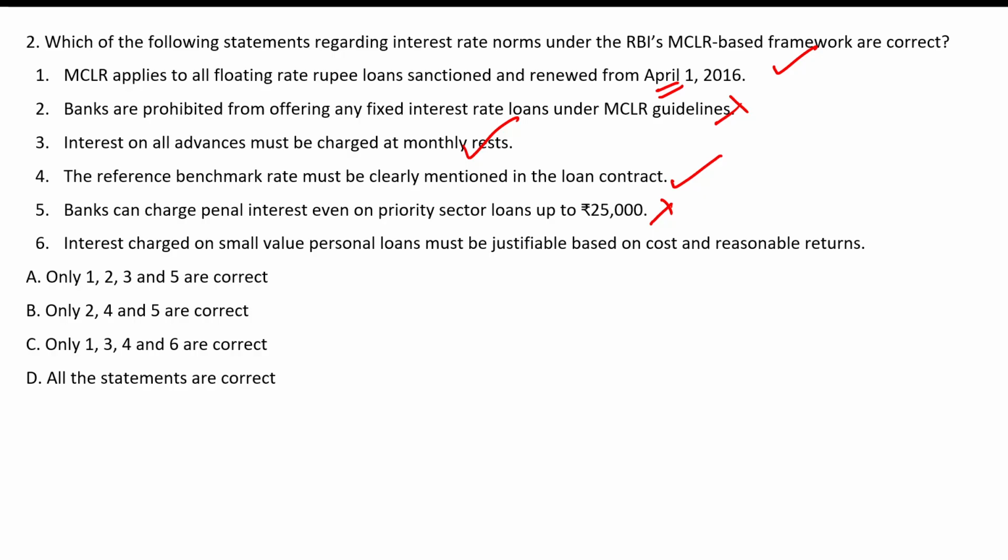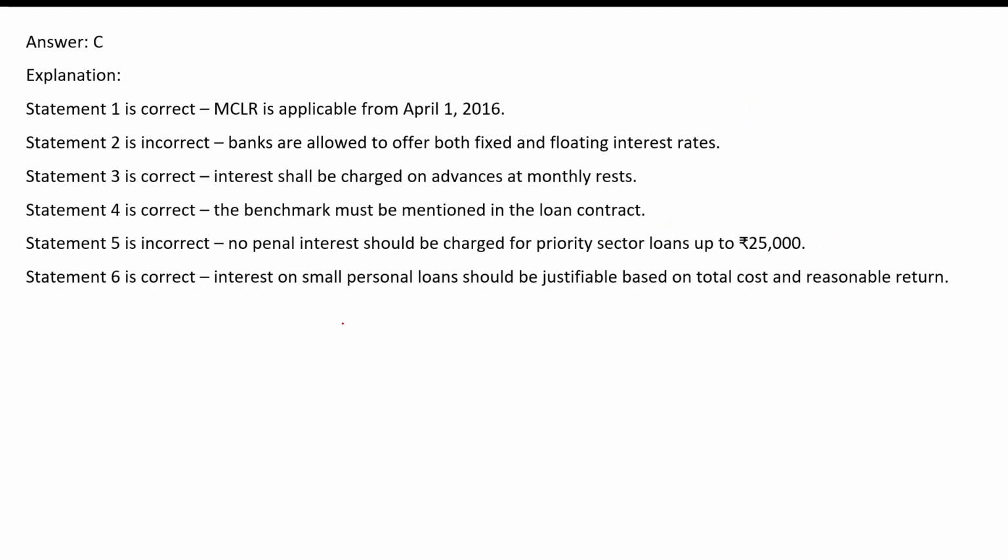So that's why this statement is not correct. Interest charged on small value personal loans must be justifiable based on cost and reasonable return. So this is correct. So 1, 3, 4, and 6 are correct. So option C is the correct answer for this question.